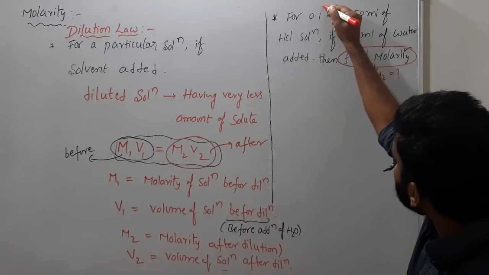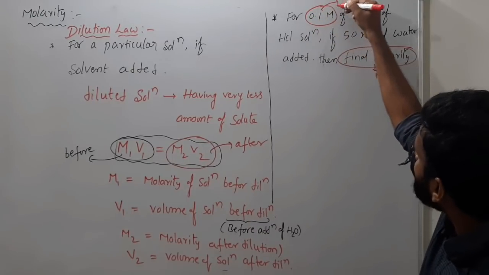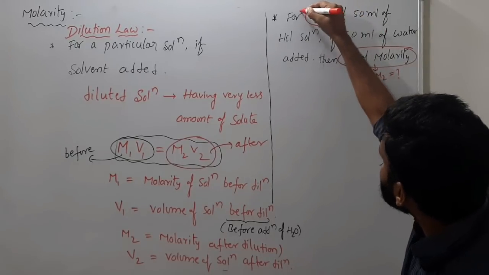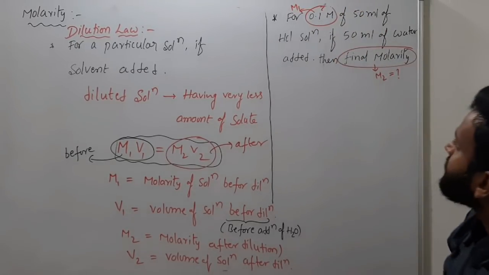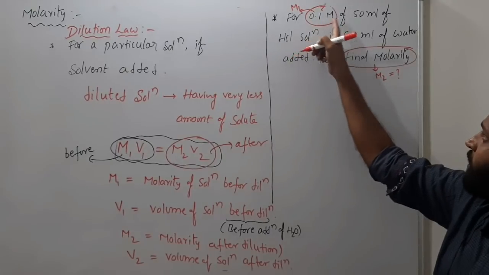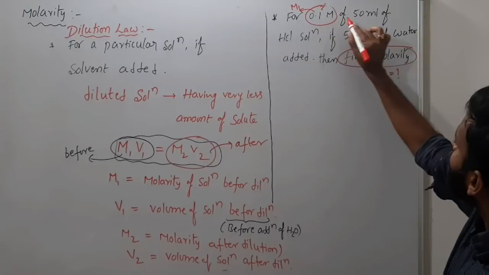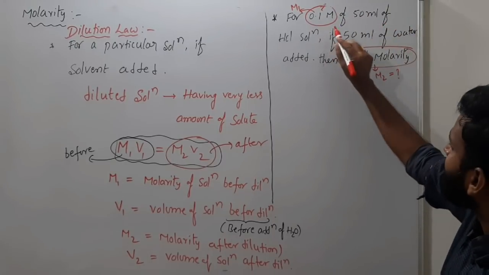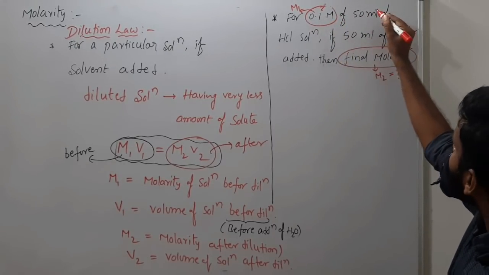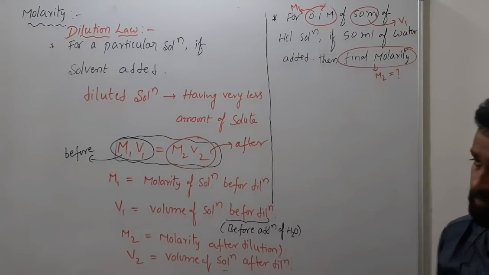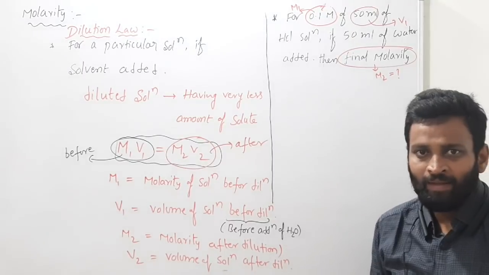So what is M1 now? This 0.1 M is M1. So what is V1? 50 ml of 0.1 M solution, or 0.1 M of 50 ml. So this 50 ml will be V1. Got it?